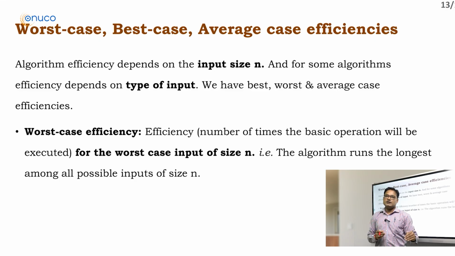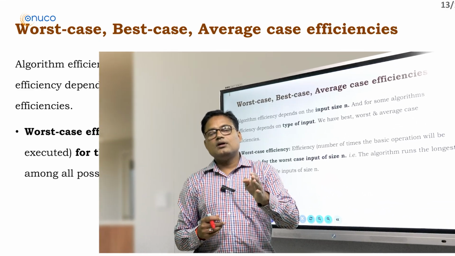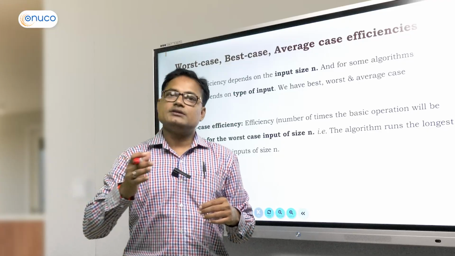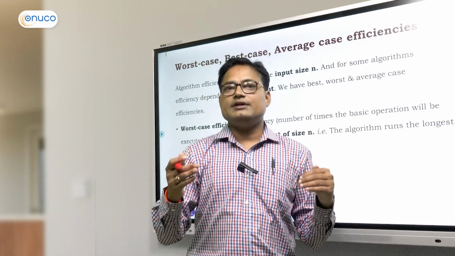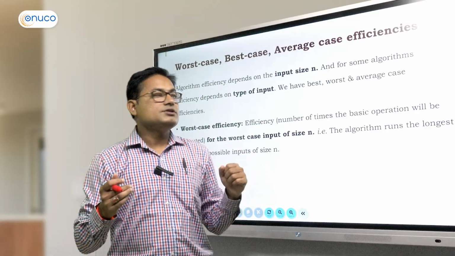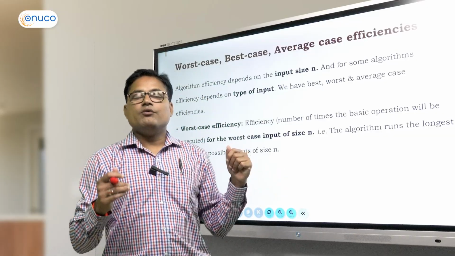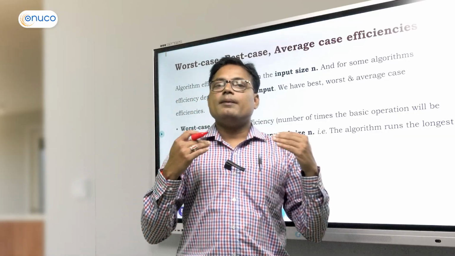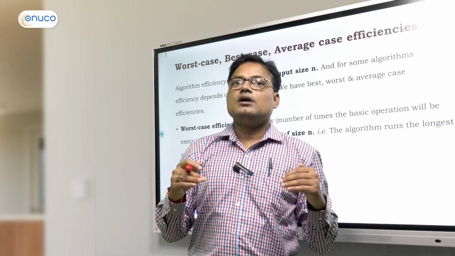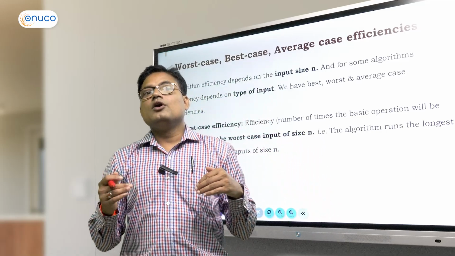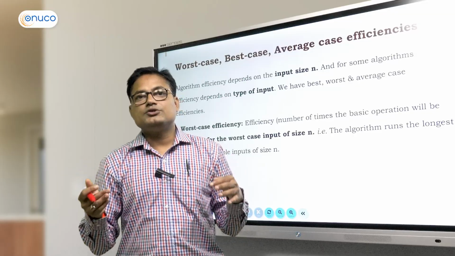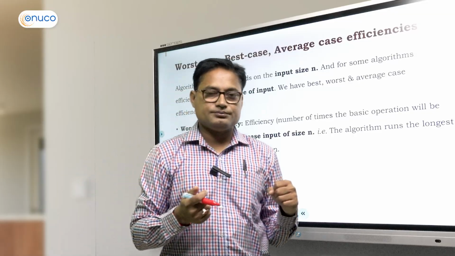Average case is when our program's basic operations run more than best case, less than worst case. Third is worst case, when our program's basic operations execute for the longest time, a larger amount of time.